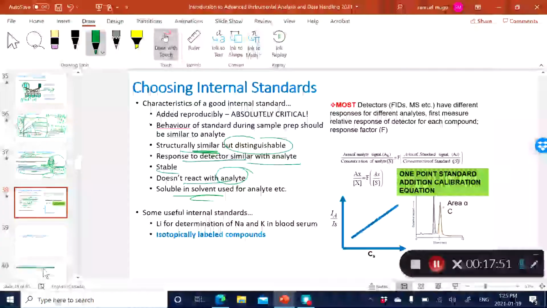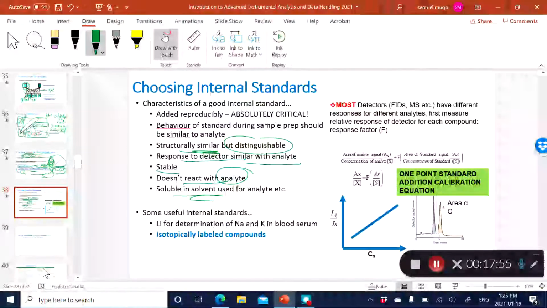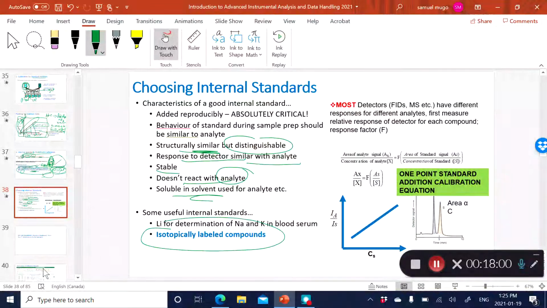So you would find that an ideal internal standard is typically the isotopic label of the analyte. Isotopic labels really mean, if I've got, say, a benzene ring, typically this is carbon 12, carbon 12 and so on.